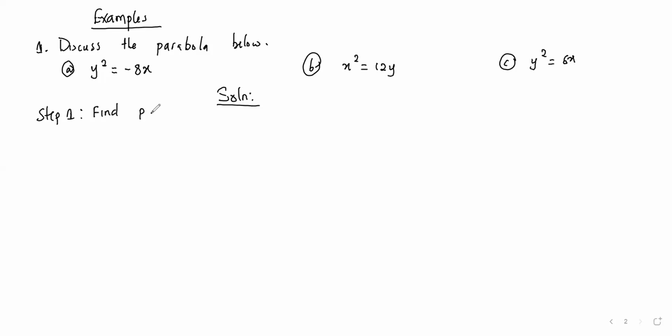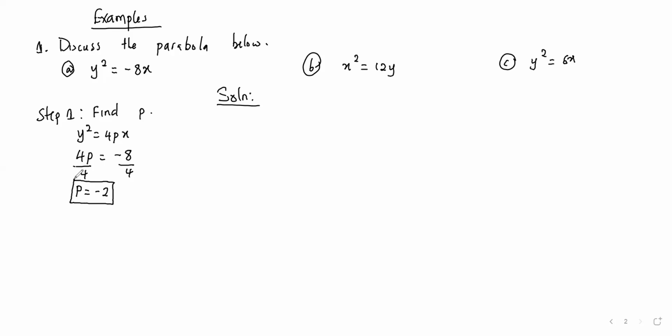Okay, remember that the general form for this type is y squared is equal to 4px. But we can't see p, we can't see 4p, we can only see negative 8. So this means that 4p is equal to negative 8. So if we divide by 4, we're going to get p is equal to negative 2.